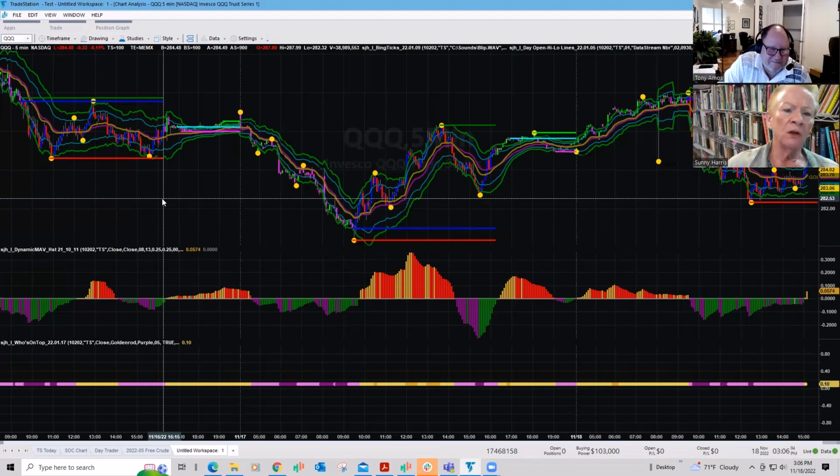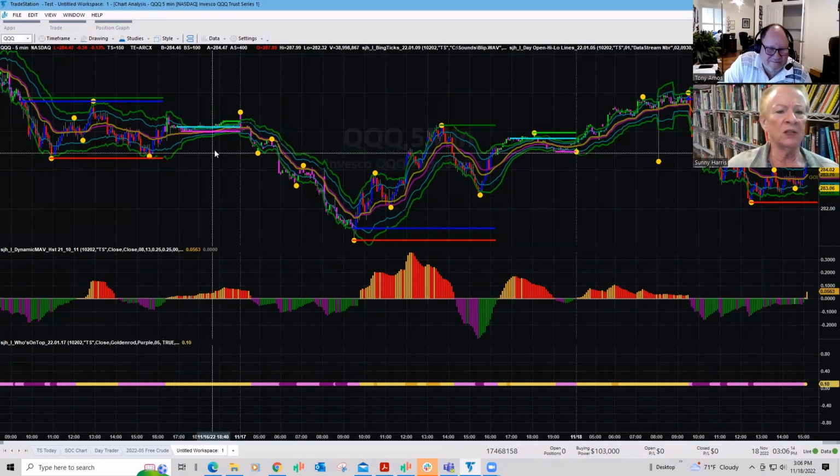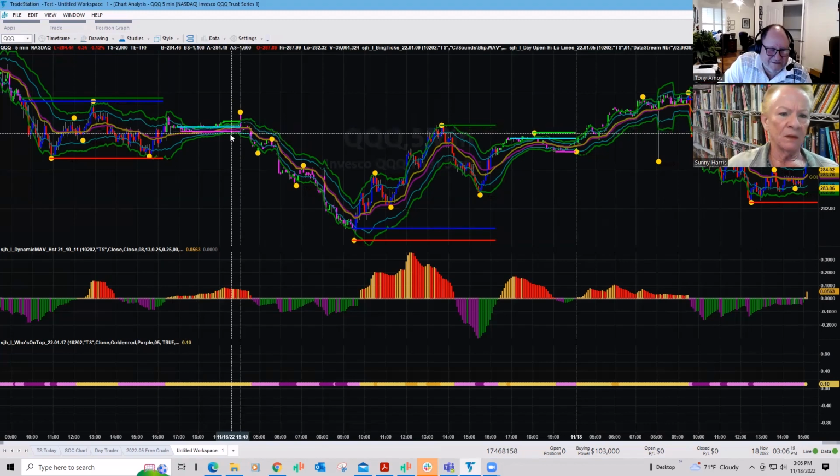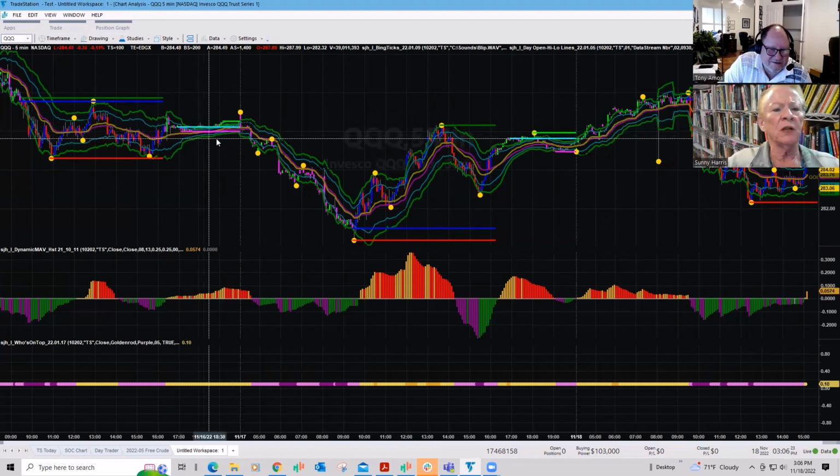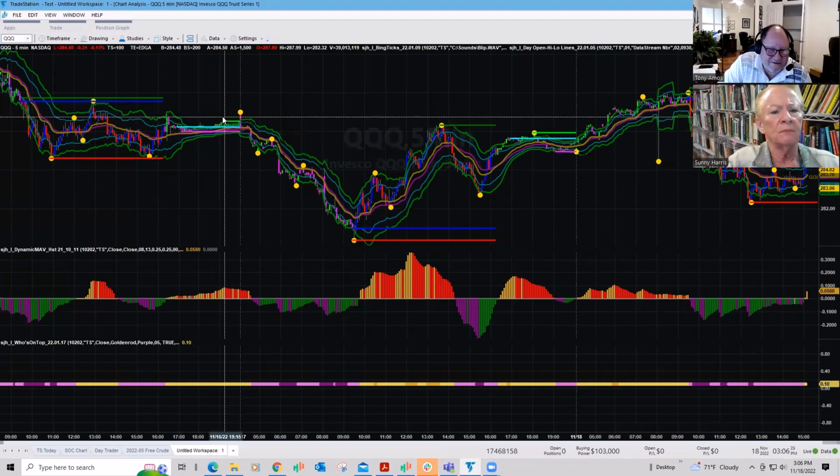So instead of blue, I'm putting teal or cyan. Instead of red, I'm putting magenta. Instead of green, I'm putting light green. So I can see how narrow the range is in that night session. It's the same thing, just color coded to tell you it's a night session.